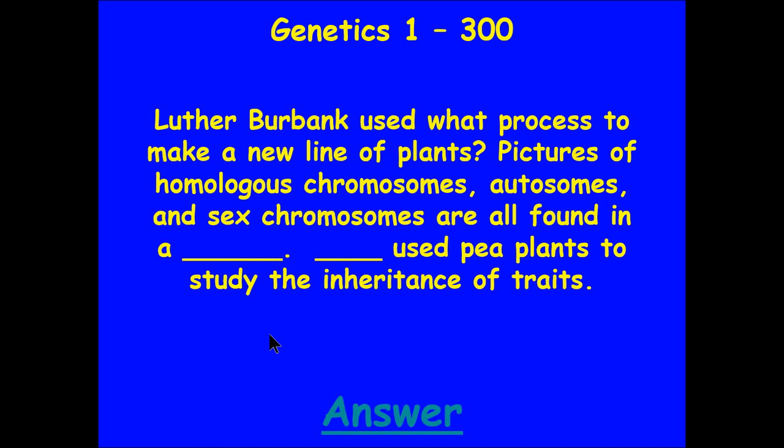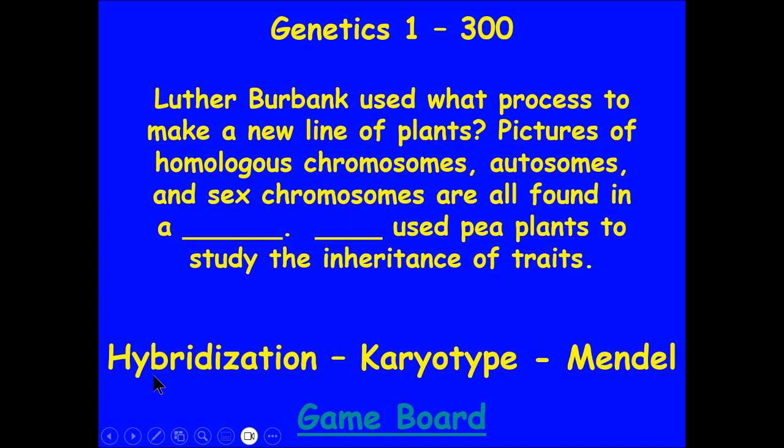Answer coming in 5, 4, 3, 2, and 1. Yes, Luther Burbank used hybridization to make new organisms. A karyotype is a picture of all of the chromosomes from a cell, and Gregor Mendel used pea plants to study the inheritance of traits. Mendel is the father of genetics.